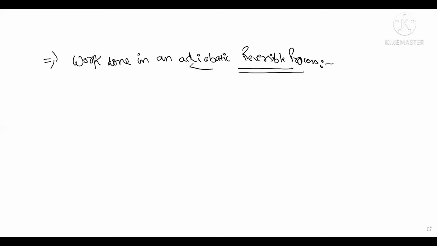A process that is adiabatic in nature shows that there will be no change in heat. Heat will be taken as a constant value. So the change in heat will be equal to 0. Such a process is called an adiabatic process.